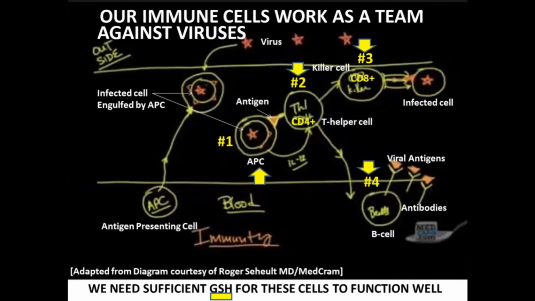Okay, so without sufficient glutathione, you will not be able to mount a good cellular defense, nor a good humoral defense, right? You won't have sufficient good killer cells, you won't have sufficient antibodies produced. Okay, so you understand that? Note, this is not specific to COVID-19. It applies to all viruses.